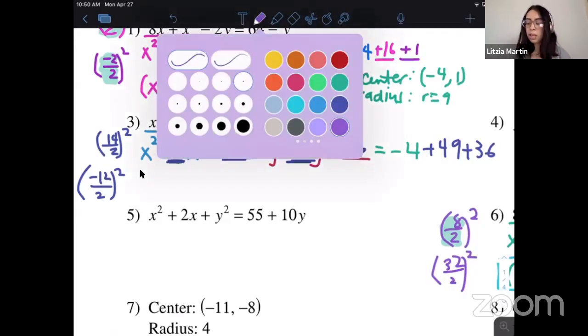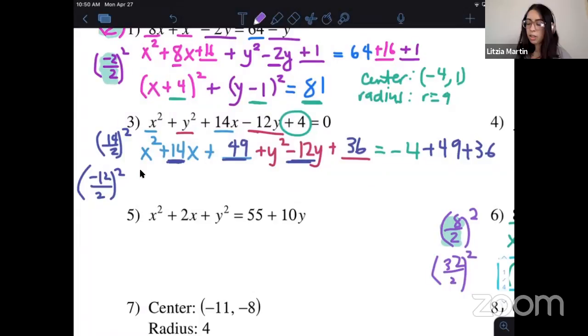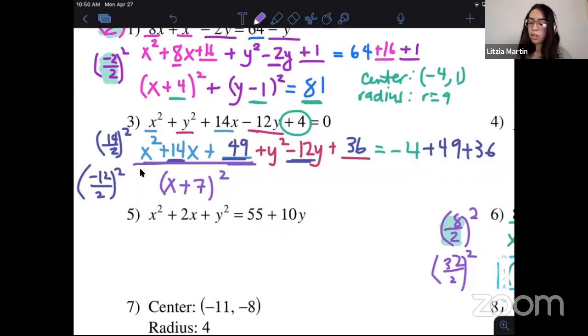And from here, this is going to create the perfect square, which is x plus 7. So 14 divided by 2 is 7. That's where I know right away to get that 7.